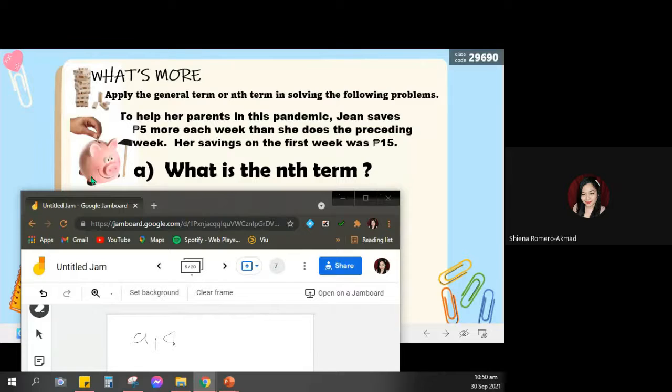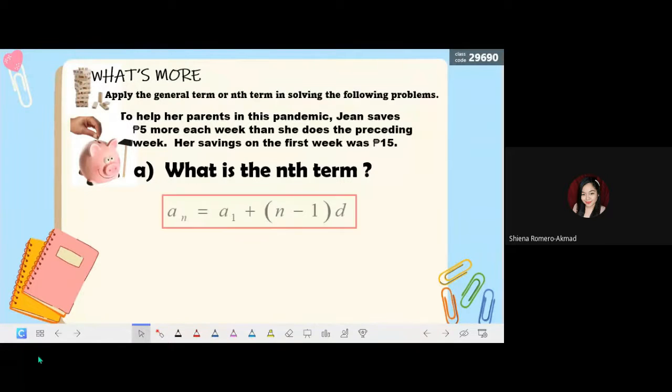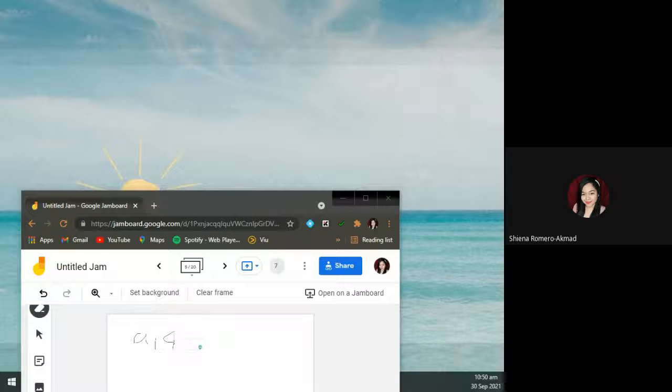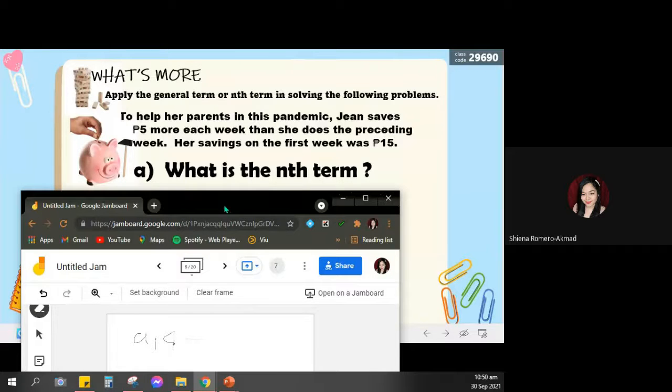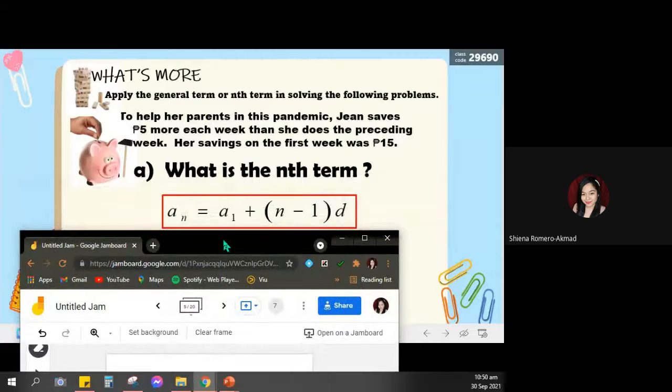Ano na tayo sa 5? Oh, ano nangyari sa page 5? Ayan, may nasasagot pala. So, A-sub n, ano tayo? Again, we're looking for the nth term, ha? Yung formula for that specific sequence.